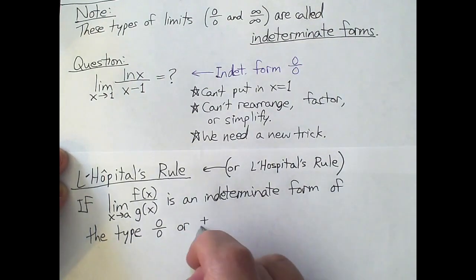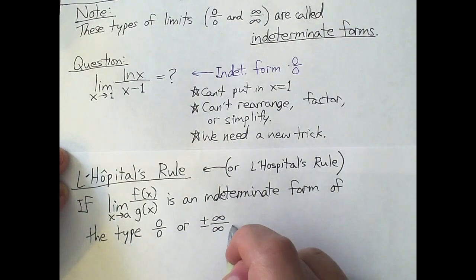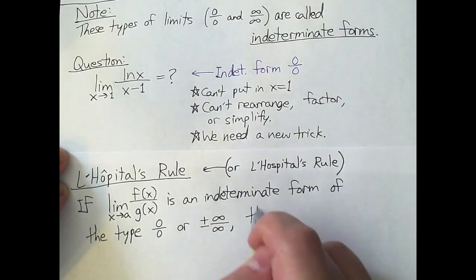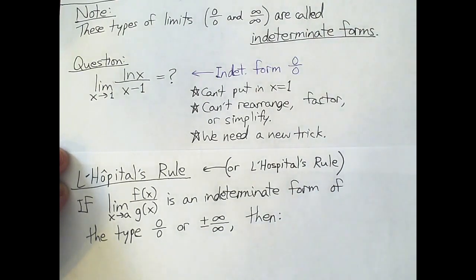It could actually be plus or minus infinity over infinity. I mean, if it was minus infinity over infinity, then we'd still have the same kind of issue. All right, then L'Hopital's rule is actually going to be just a really nice formula.